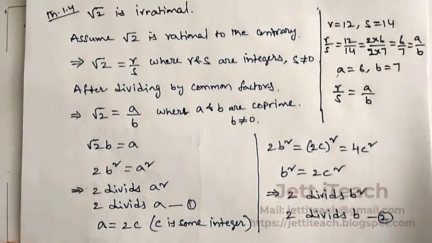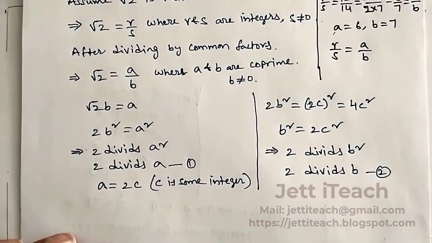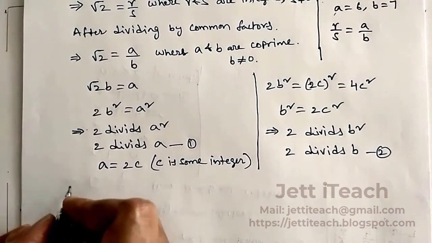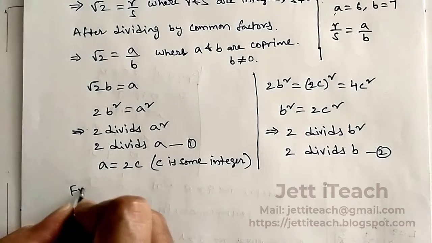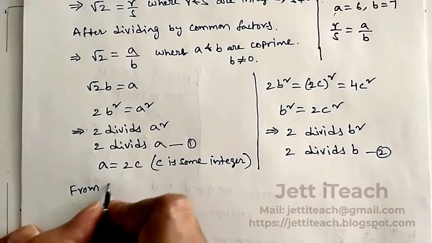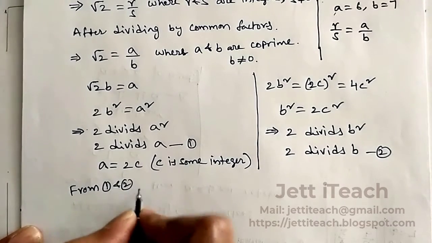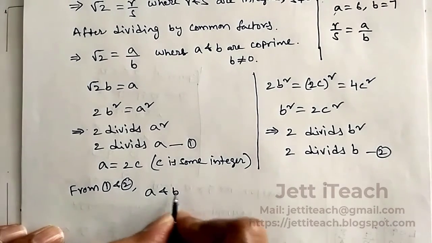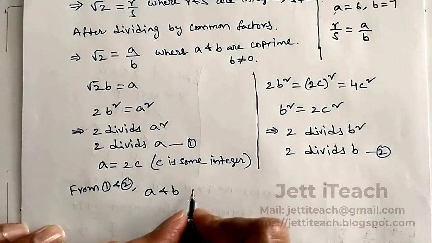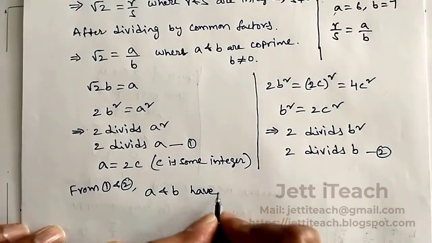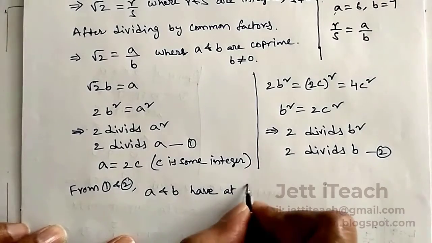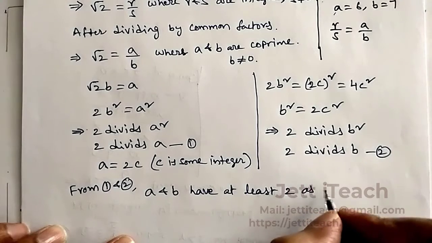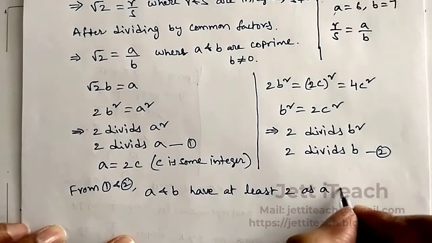Okay, you will write from 1 and 2, a and b have at least 2 as a common factor.